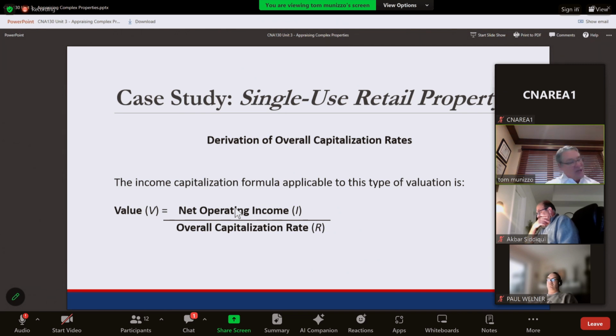All I'm telling you is that really helped me. There used to be four income capitalization classes, and it was 201, 202, 203, and 204. And you have to have each one as a prerequisite to go to the other one.